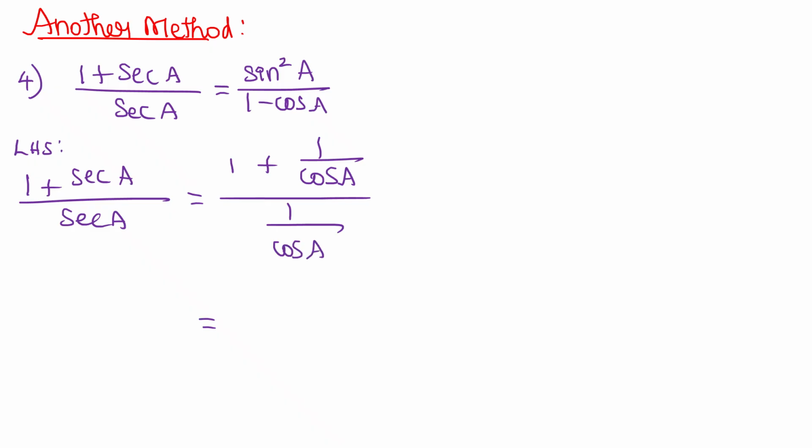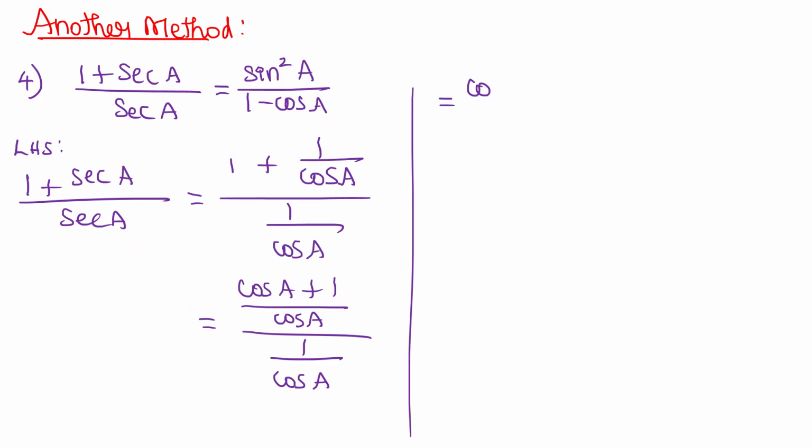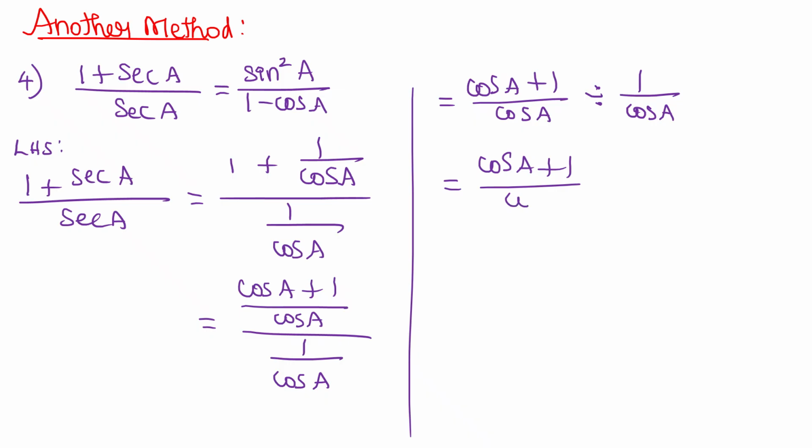Then take the LCM in the numerator, and you will get (cos A plus 1) by cos A, divided by 1 by cos A. So you will have (cos A plus 1) by cos A, into cos A by 1. These two will get cancelled easily. Now you have (cos A plus 1) by 1.